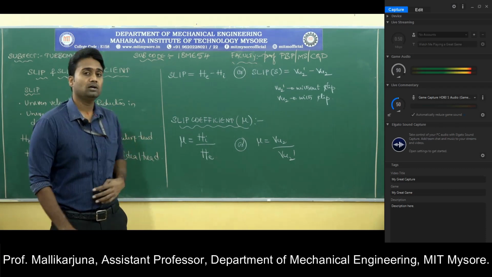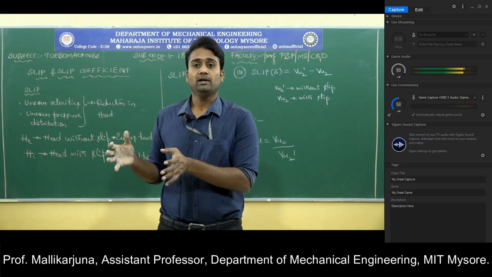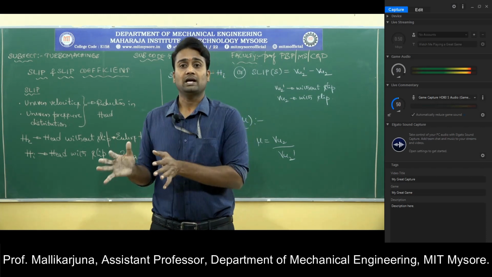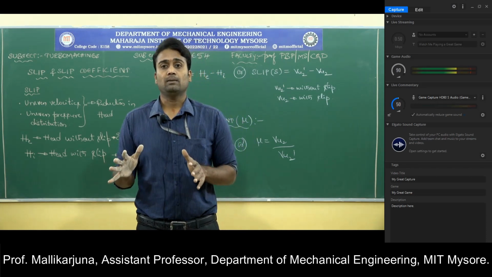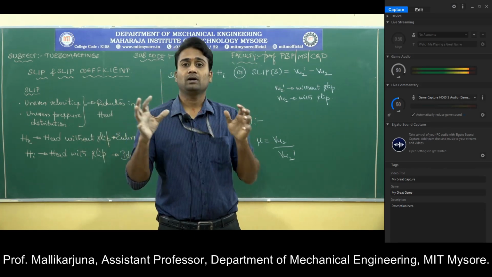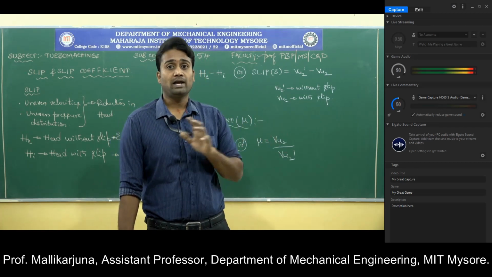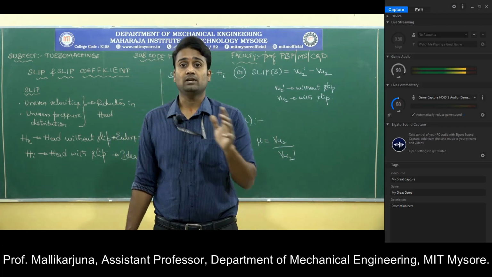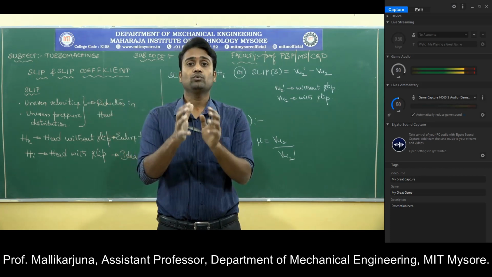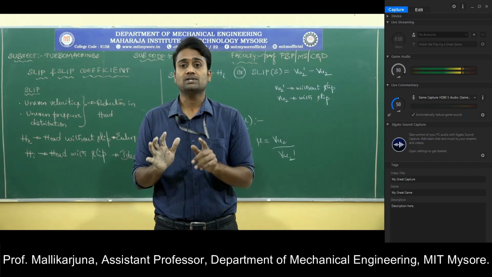So, these are the few terms which play a significant role in obtaining the total work done by the compressor, or the energy transfer by the centrifugal compressor. Wherever I write the equations with respect to energy transfer or total work done, I will make use of slip. Till now I have not considered slip in any of the equations. Even while deriving Euler's formula, U2 Vu2 minus U1 Vu1, I have not considered slip.